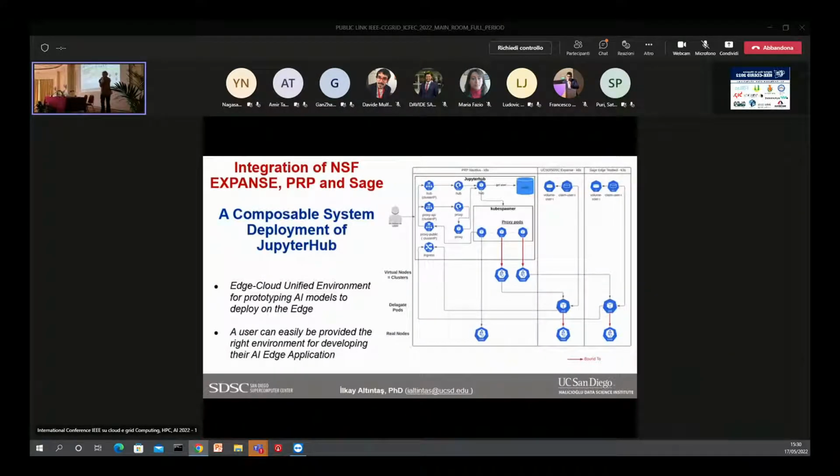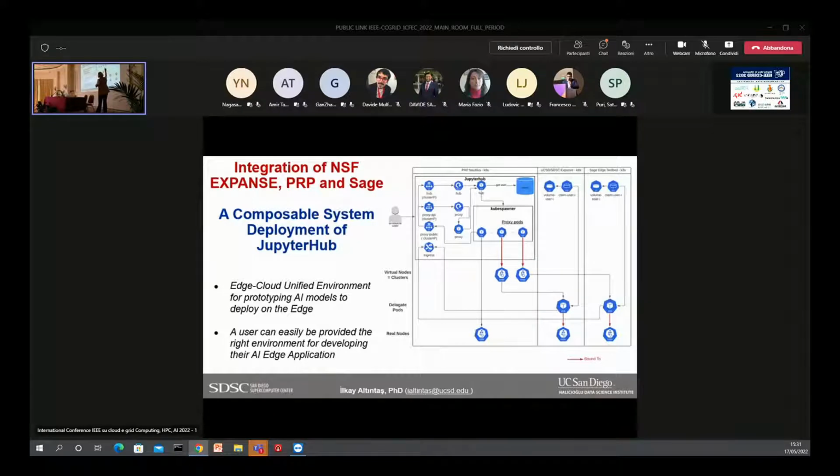Talking about composability, what we have done is integrate Expanse, Nautilus, and Sage. And for development of those AIs, we added a JupyterHub on top of that. Jupyter is, as you know, these notebooks, and the hub decouples the programming part from the backend, the kernel, so you could have that across a set of distributed environments also.